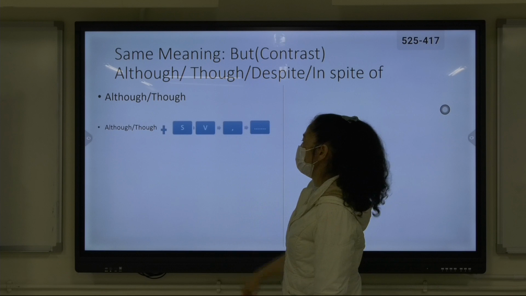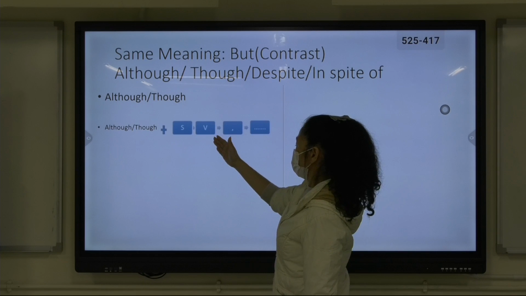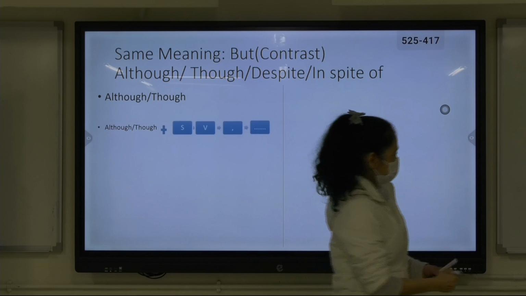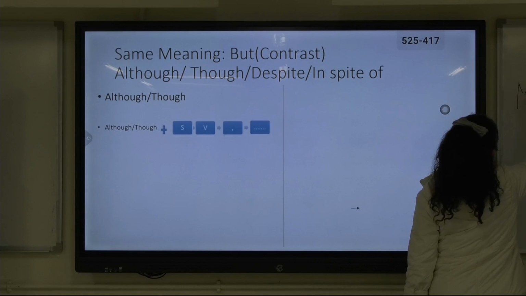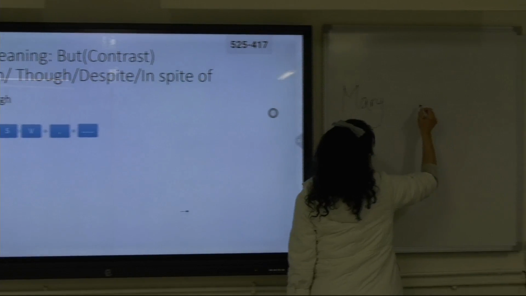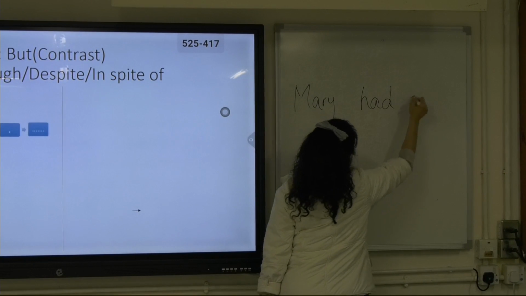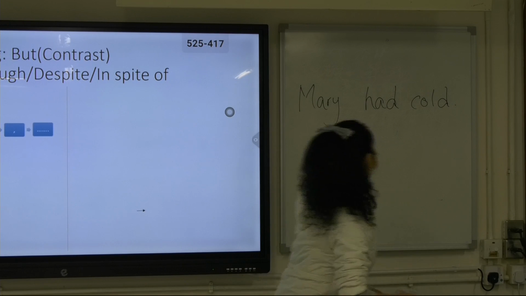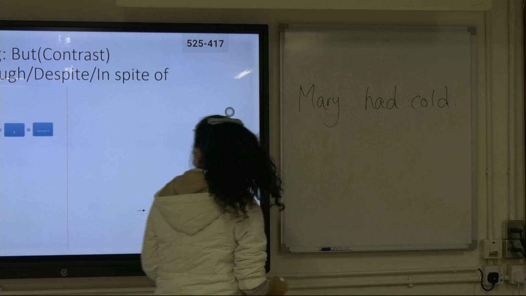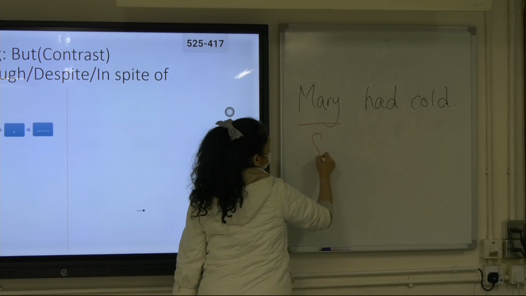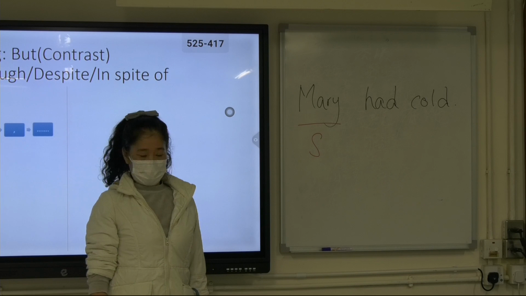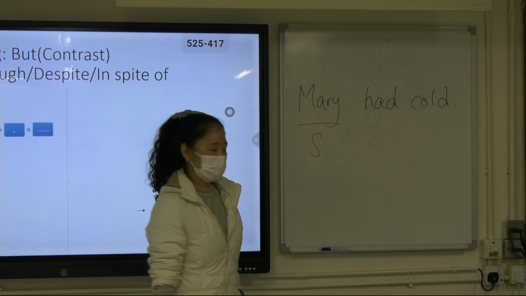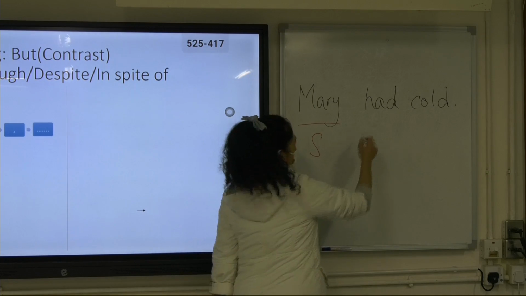Let's look at this one first: subject, verb, and then a comma plus another clause. Let's look here. Mary had a cold. A very short sentence. What is the subject? Mary is the subject. What about the verb? Pay attention here. This verb tells you the time, and it may not be an action. So I know in the past, this is the verb.